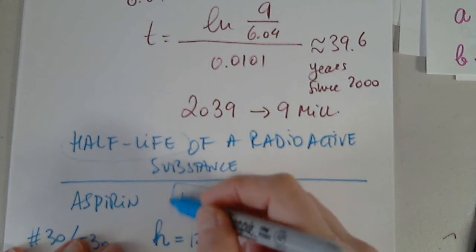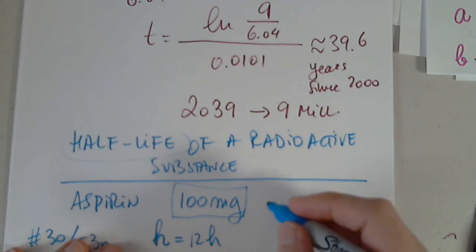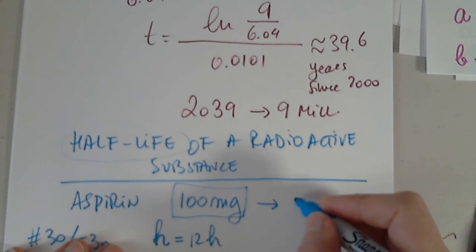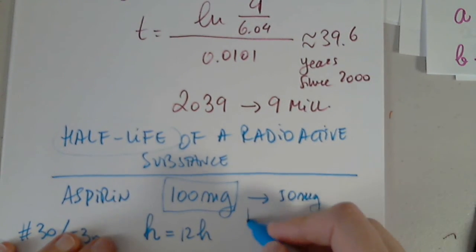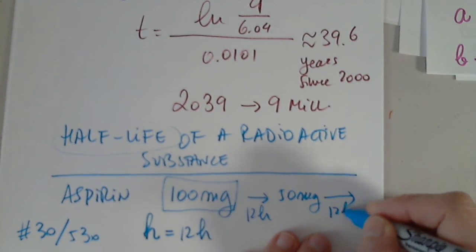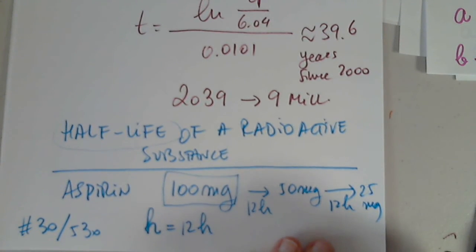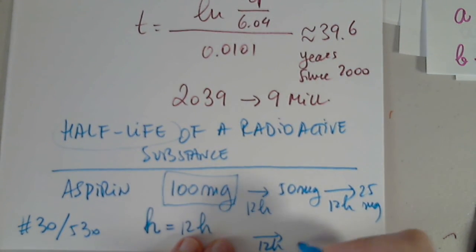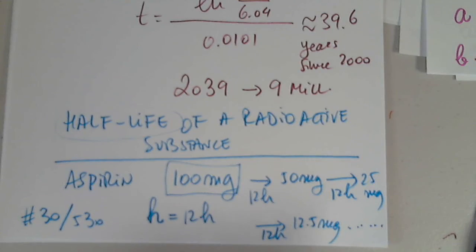So if I take 100 milligrams right now of aspirin, 12 hours later, I have 50 milligrams in my bloodstream after 12 hours. Okay, after 12 more hours, I will have 25 milligrams in my bloodstream. After 12 more hours, I will have 12.5 milligrams in my bloodstream, and so on and so forth.